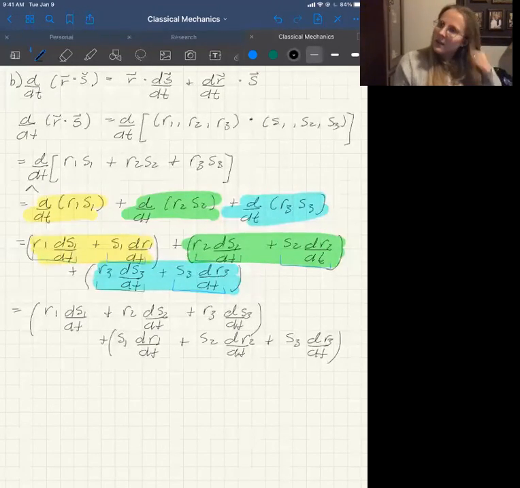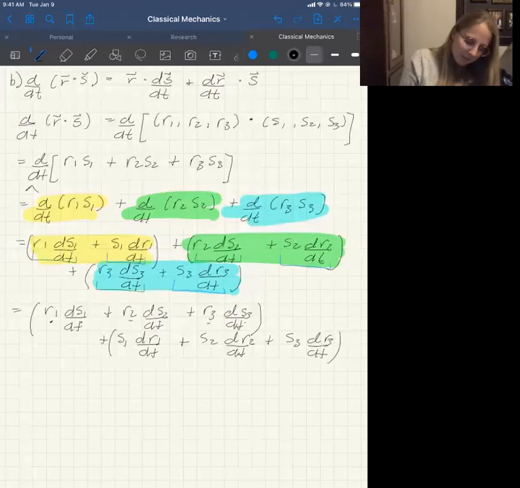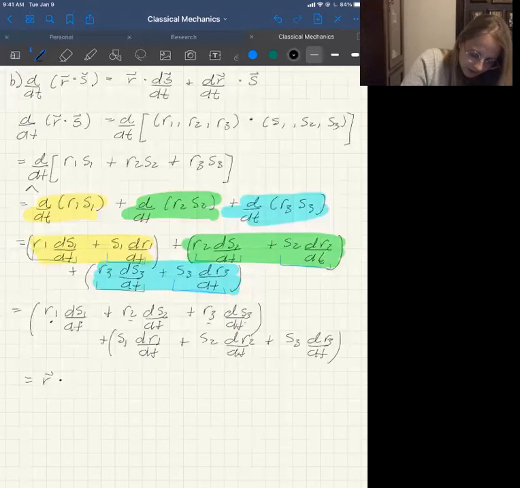But these terms, which I have 1 and 1, 2 and 2, 3 and 3, just look like dot products. So I can rewrite this first term simply as the vector R dotted with the vector I get from taking the derivative of the vector S, plus, since this is a number and this is a number, I can switch the order if I like.